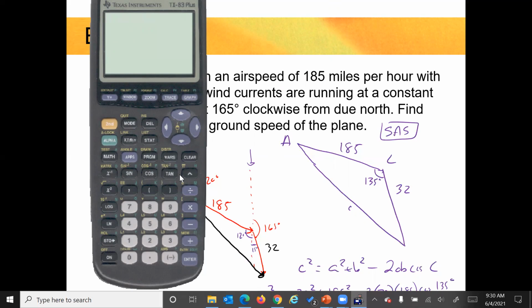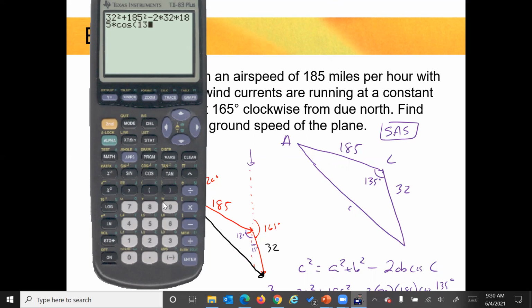Let me do it for people watching the video here. How about that? I can't see what I'm supposed to enter. 32 squared plus 185 squared minus 2 times 32 times 185 times cosine 135.